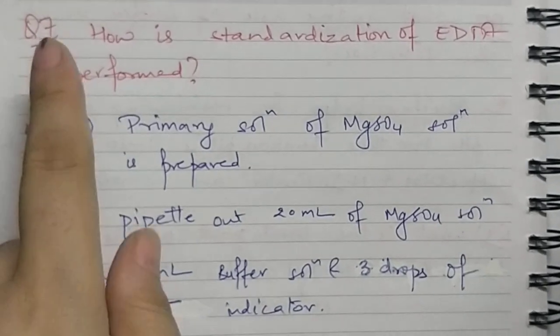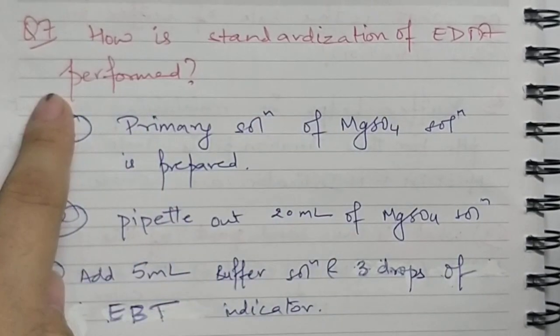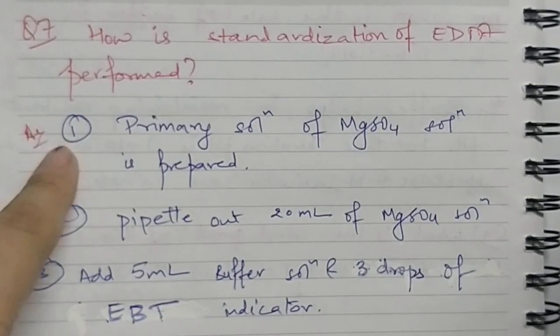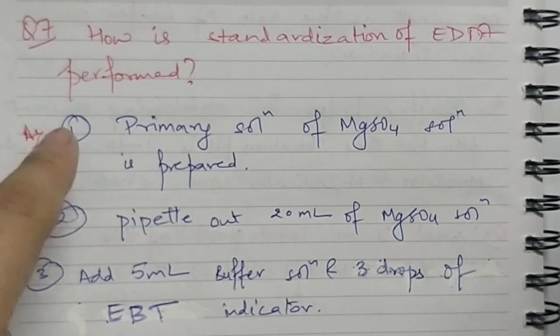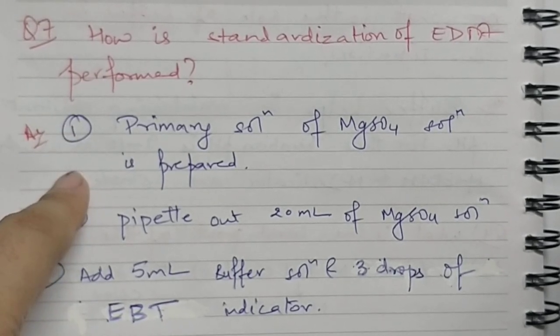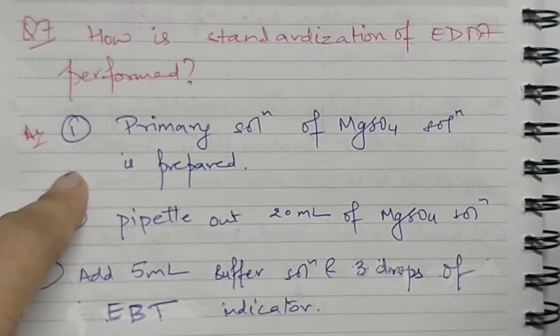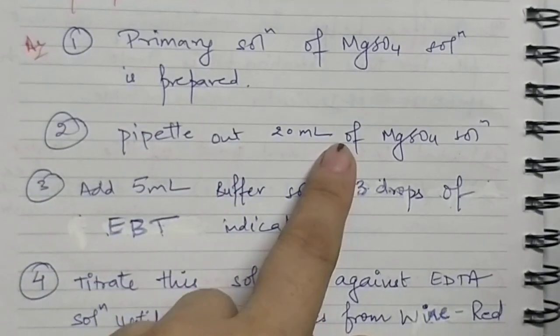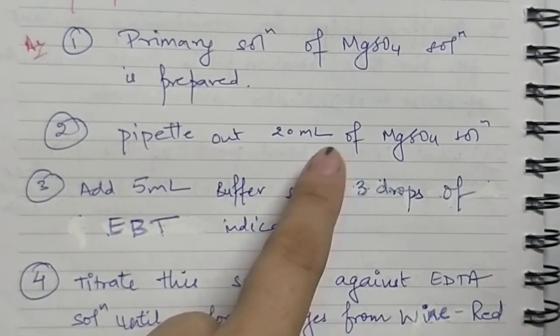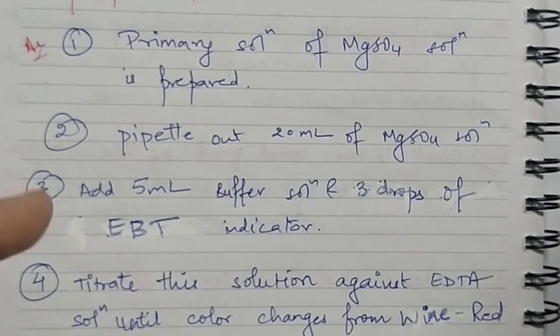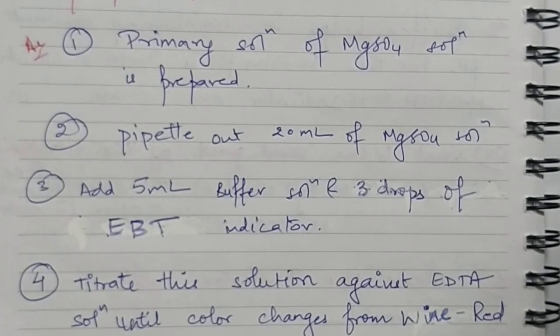Now the next question is, how is standardization of EDTA performed? First of all, a primary standard solution has to be prepared. A primary standard solution of MgSO4 is prepared, and from it 20 ml of MgSO4 is pipetted out. To this 20 ml we add EBT. It is the same kind of titration which we have done in hardness.